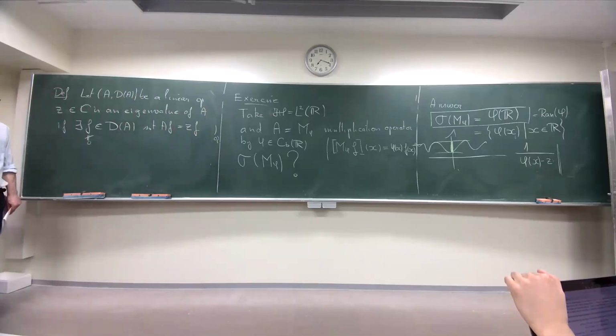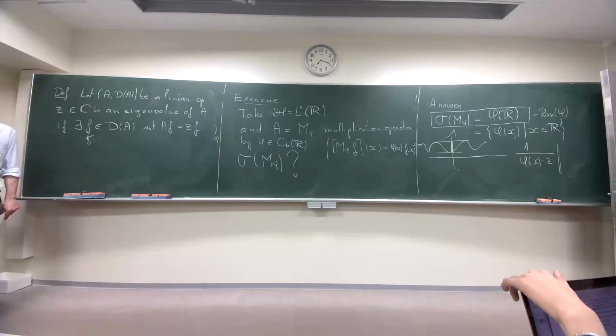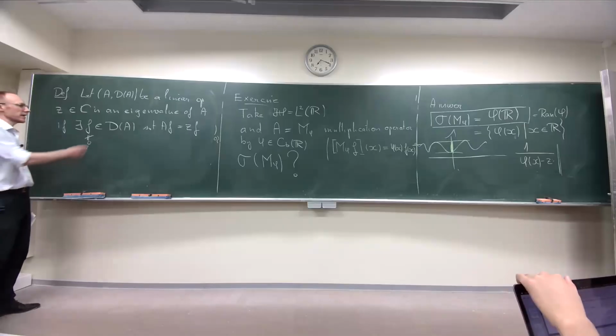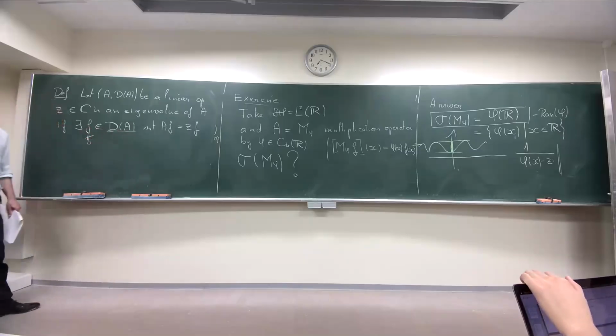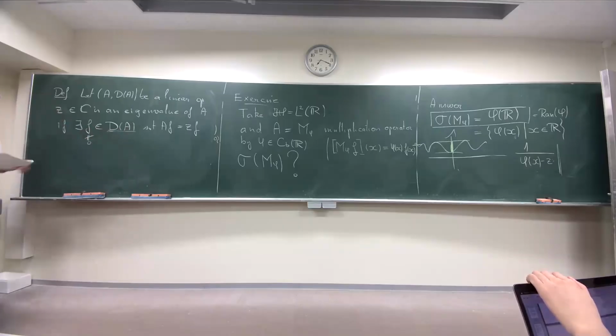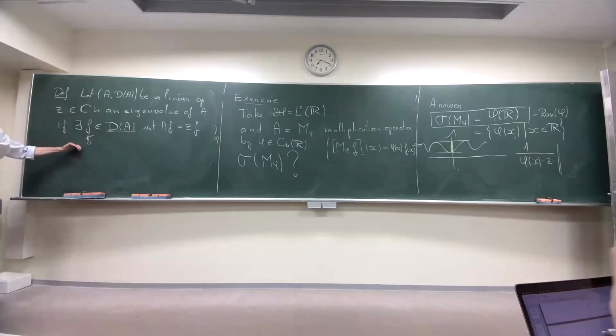This is a definition of an eigenvalue, which you know from linear algebra, except that in linear algebra, A would be a matrix. In this case, you don't have to care about this notion of D of A because it's everything. But you would have the same equation. Do you all agree with this definition?